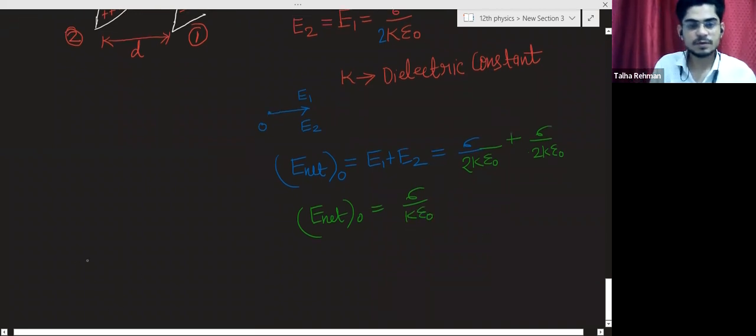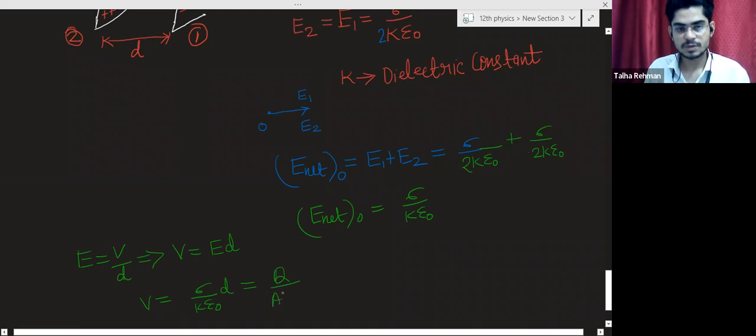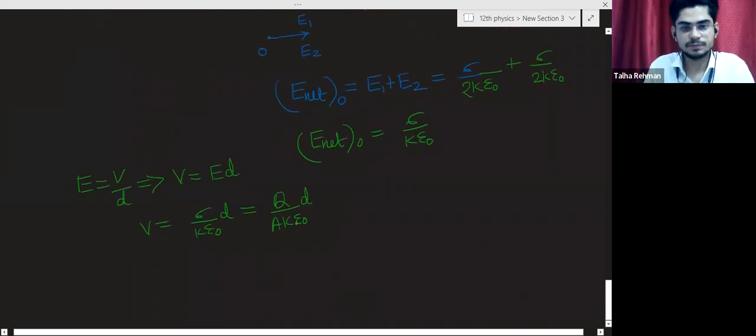And we have the formula, and I can write this V equal to E d, and E is sigma by k epsilon naught, and d I can write sigma as charge upon A, so it is Q d upon k epsilon naught A. This is the value of potential.